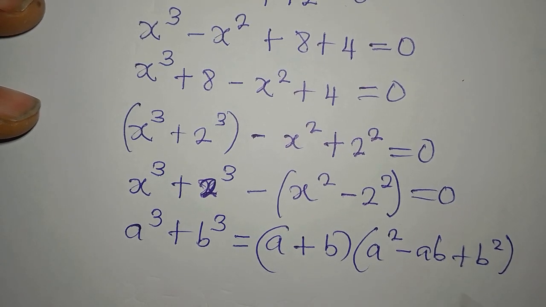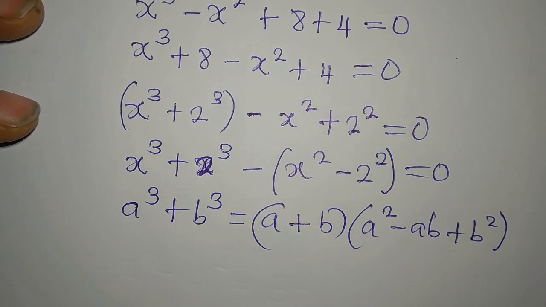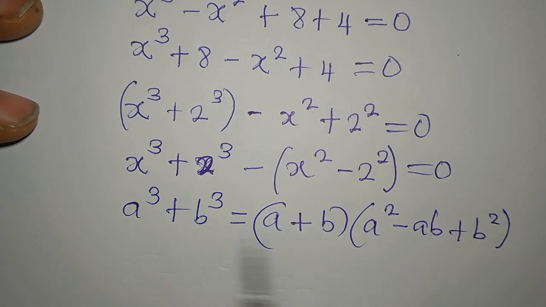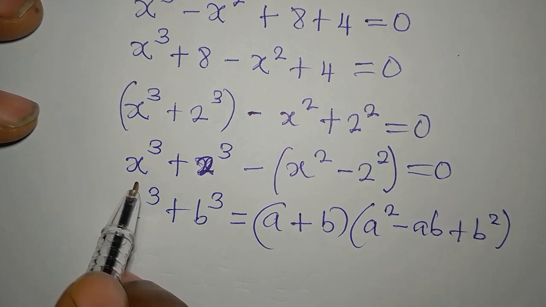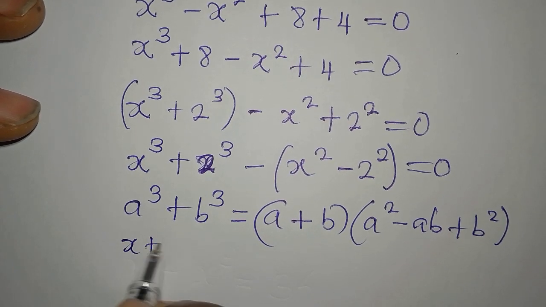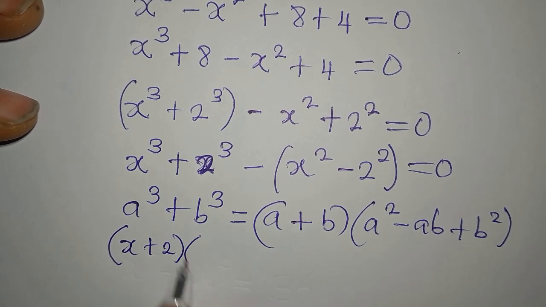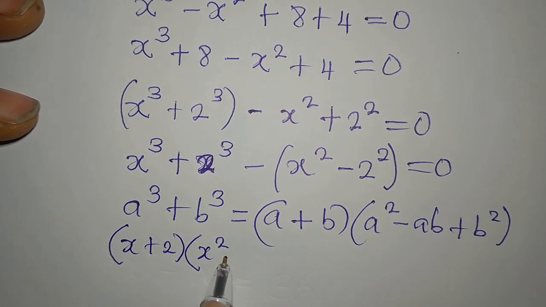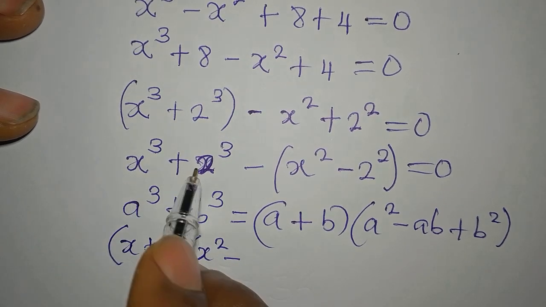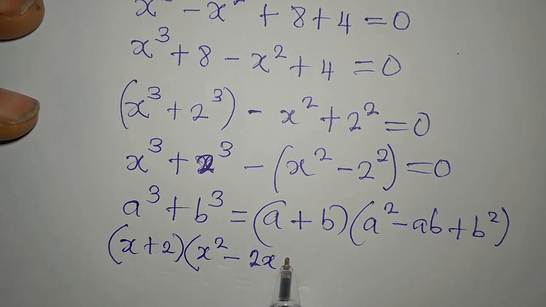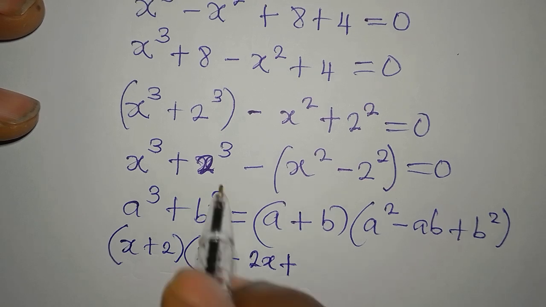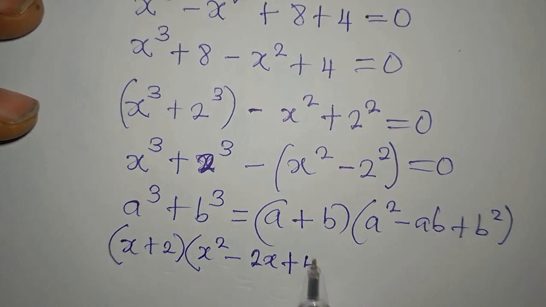This and this are the same thing, right? So I'm going to express this in this form. a plus b becomes x plus 2. Then a squared is still x squared, minus ab, that will be x times 2 and it's 2x. Then plus b squared, that will be 2 squared, and that is 4.